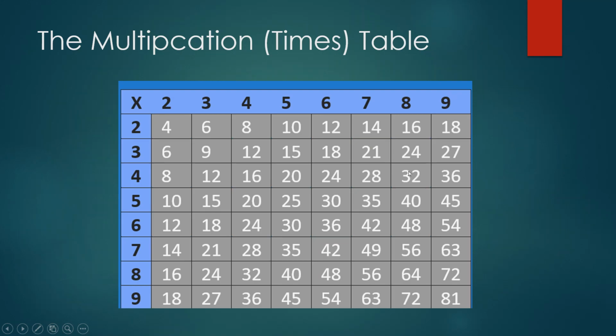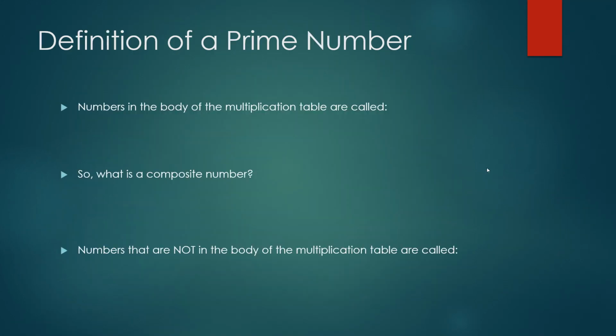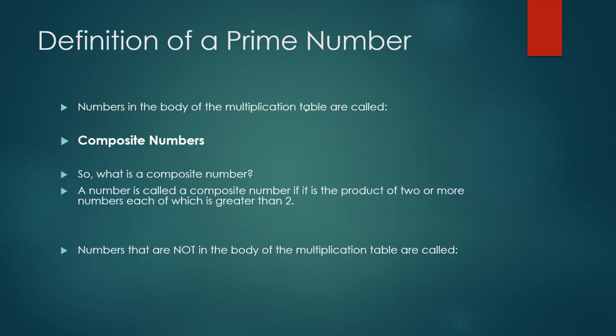Anyway, that leads us to the idea of composite numbers. So numbers in the body of the multiplication table are called composite numbers. And then, of course, what is a composite number? A number is called a composite number if it is the product of two or more numbers, each of which is greater than 1.